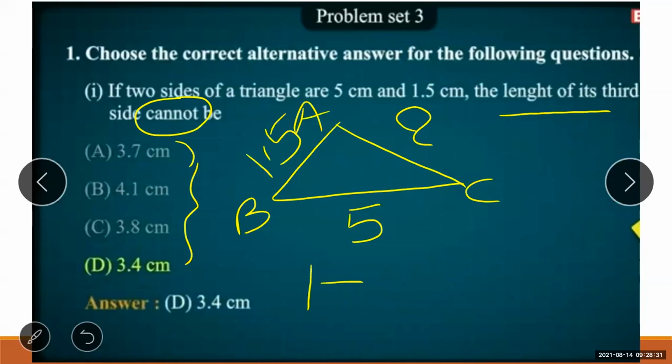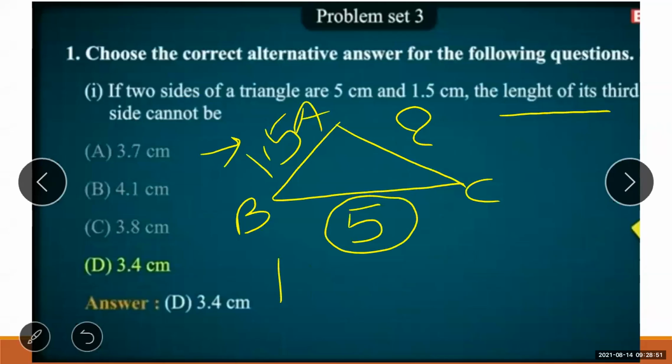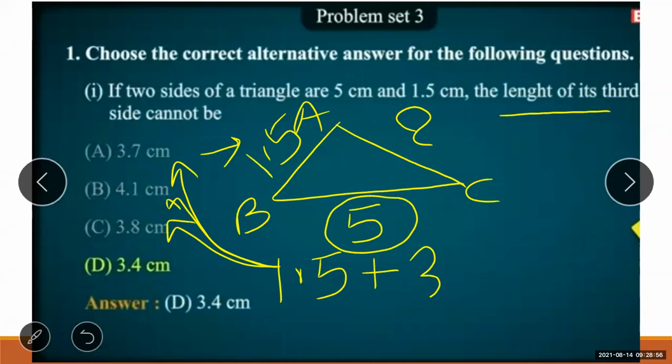Now see, 5 is the longest side. For addition, we will take two sides, one is 1.5, and one by one we will add whatever is given. So 1.5 plus 3.7. The total will be 5.2.